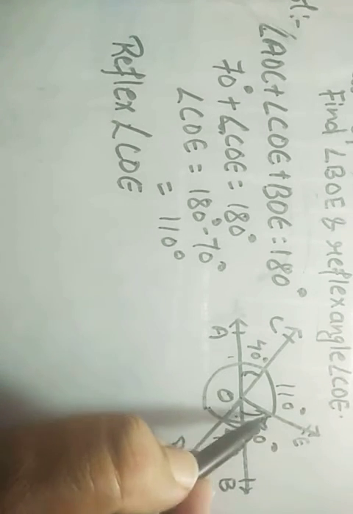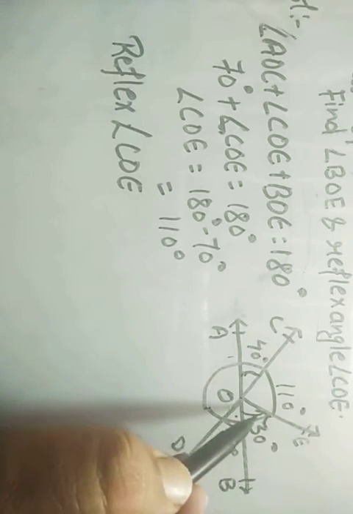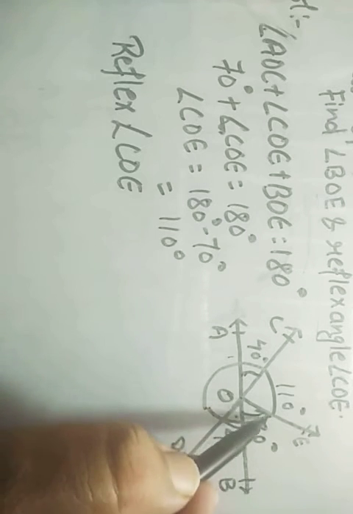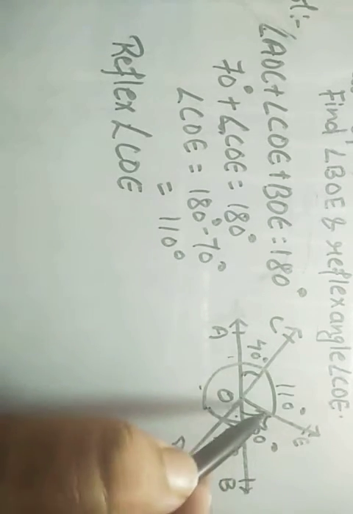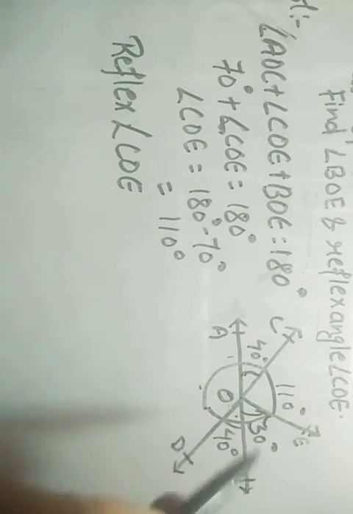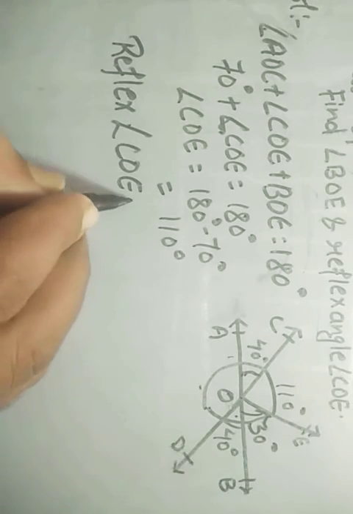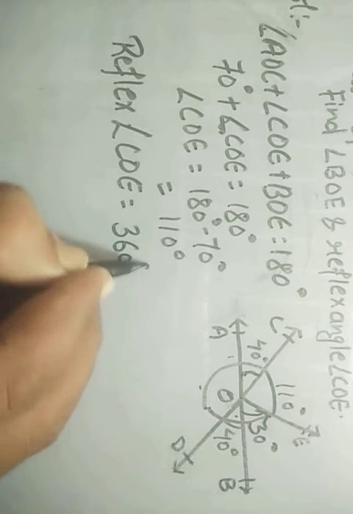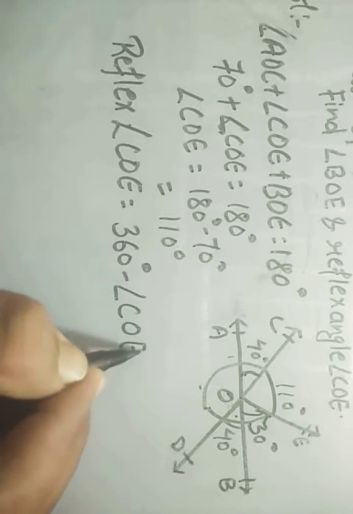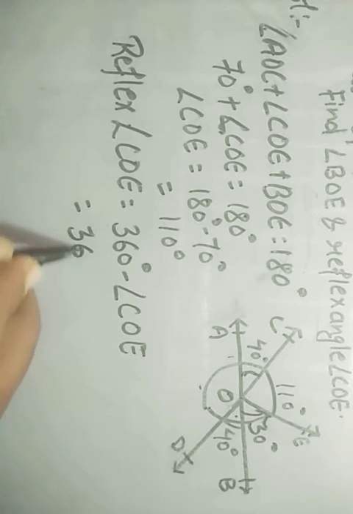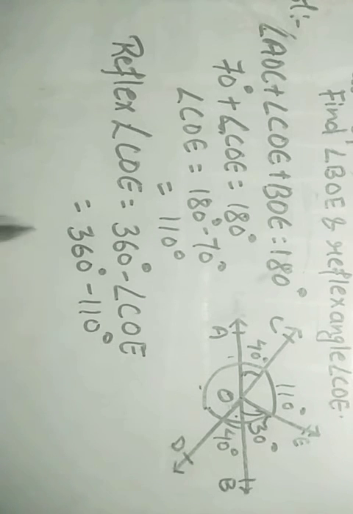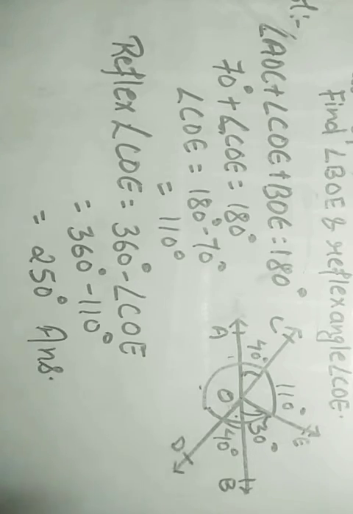We know that a complete angle is 360 degrees. So when we subtract 110 degrees from 360 degrees, we get reflex angle COE. Reflex angle COE is equal to 360 degrees minus angle COE, which is 360 minus 110, so the reflex angle is 250 degrees. This is your answer. So you get the answer for both parts: angle BOE is equal to 30 degrees and reflex angle COE is equal to 250 degrees.